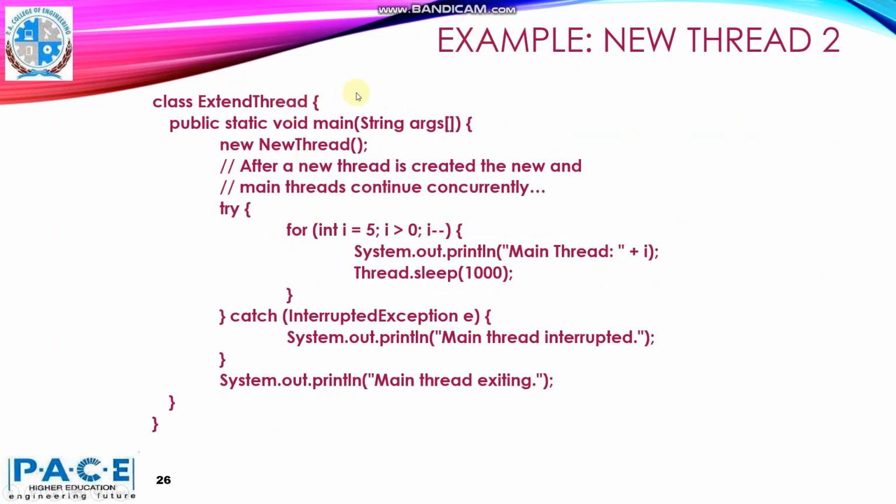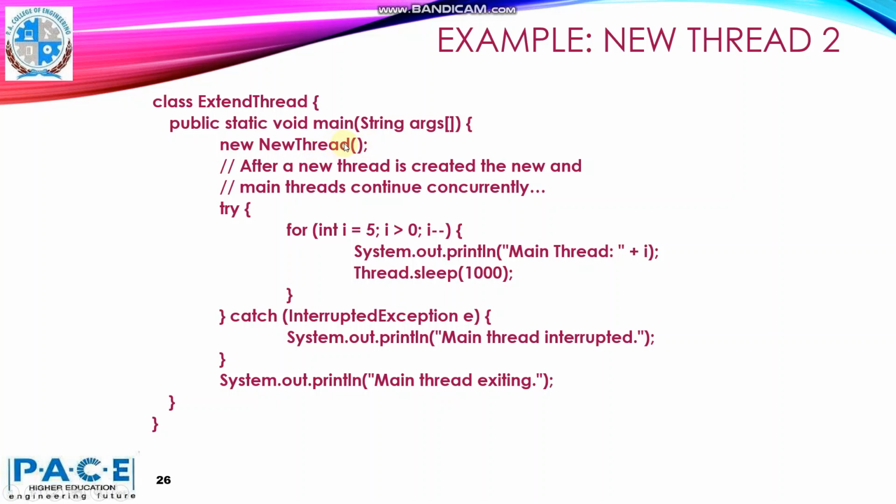Now we'll see the driver class. We give the name ExtendThread to it. In this we define the main method, and here we are instantiating the new thread class which we created just now. So it calls the constructor.